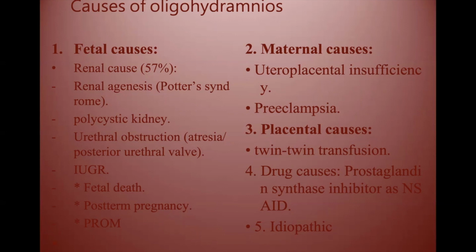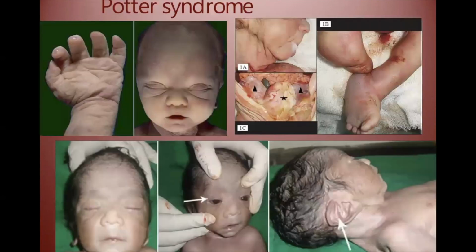It's twin transfusion and drug causes such as prostaglandin synthase inhibitors like NSAIDs, and idiopathic causes. And here you can see the picture of a baby who was born with Potter syndrome.